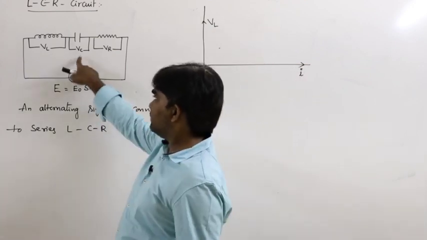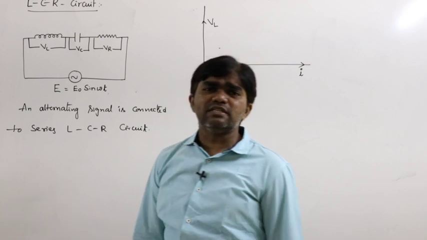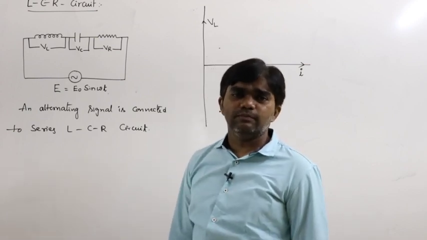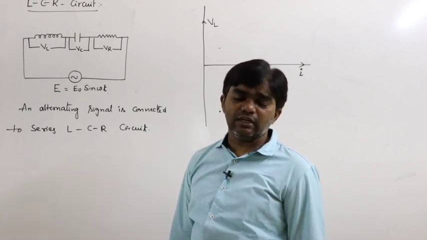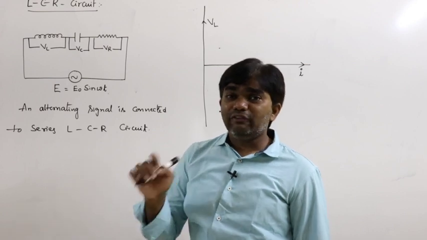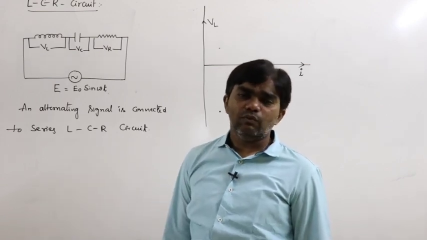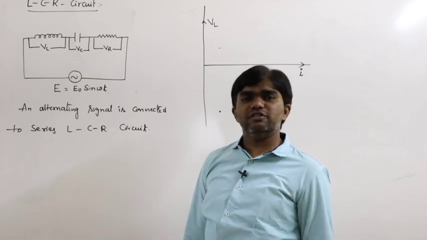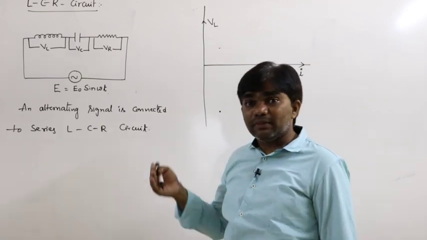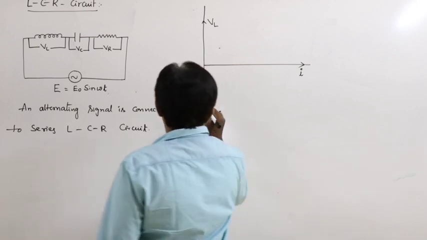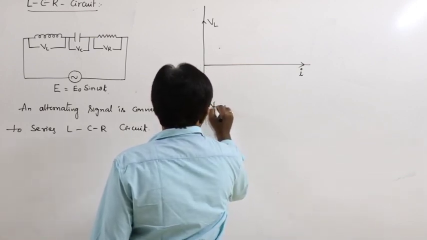Next, come to the capacitor. If only capacitor is connected to the circuit, what happens? Definitely there must be a phase difference between the EMF and current. What is that? Pi by 2 phase difference, 90 degrees. But here current leads by an angle pi by 2.